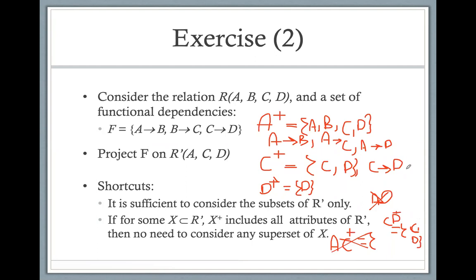So I get from this that the only relevant functional dependencies that I can project are A determines C, A determines D, and C determines D. Note that you didn't have A determines D before in the original set F, and you didn't have A determines C. You deduce them by doing the projection, by doing the closure.